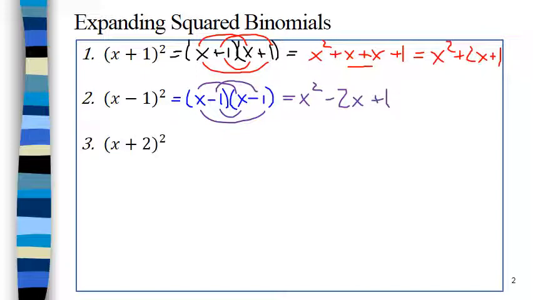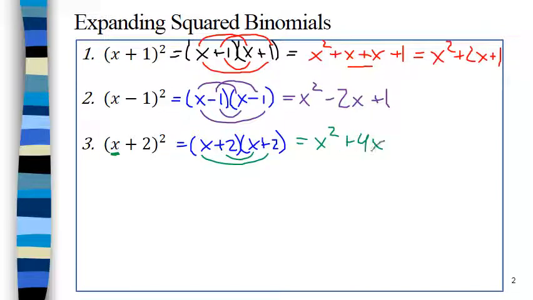And as we continue going on, x plus 2 times x plus 2, we notice that the first term is always the square of this term, and the last term is always the square of the second term. So what about this middle term?